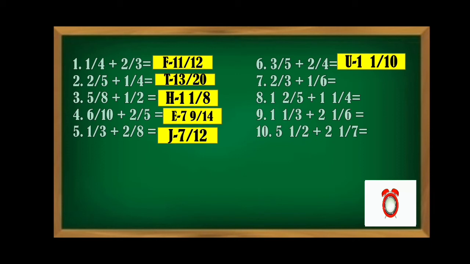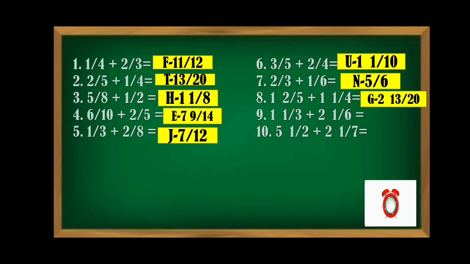And for number 7, 2/3 plus 1/6 equals... the answer is N, which is 5/6. And for number 8, 1 and 2/5 plus 1 and 1/4... the answer is G, which is 2 and 13/20.